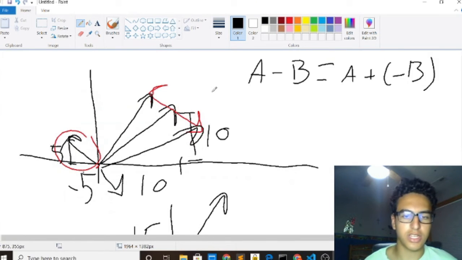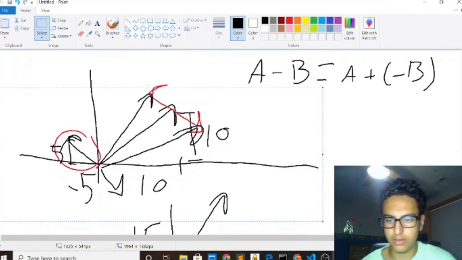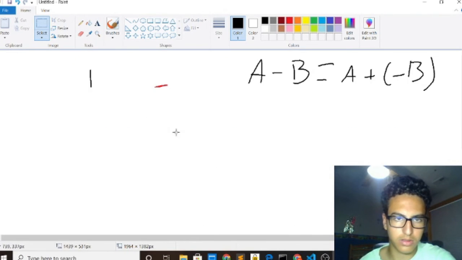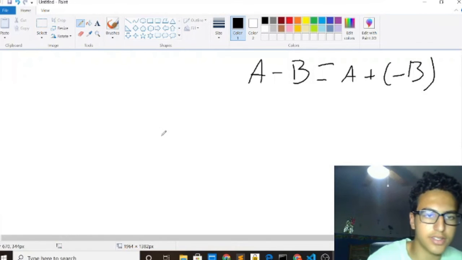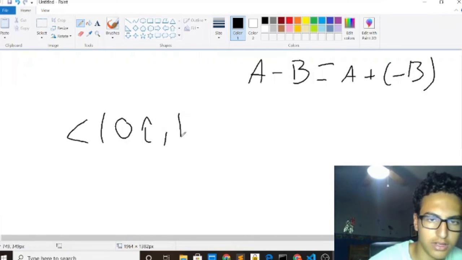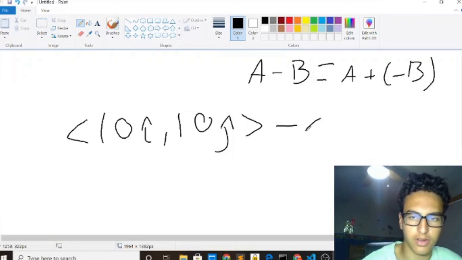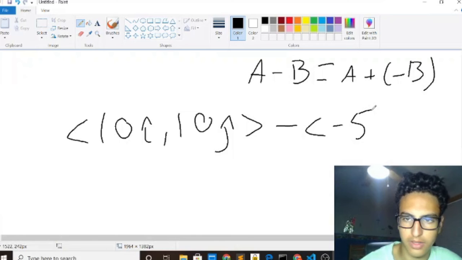So what does that look like computationally? Say we have a vector that has components 10 in the x direction and 10 in the y direction, and we want to subtract a vector that has components negative 5 in the x and 5 in the y.